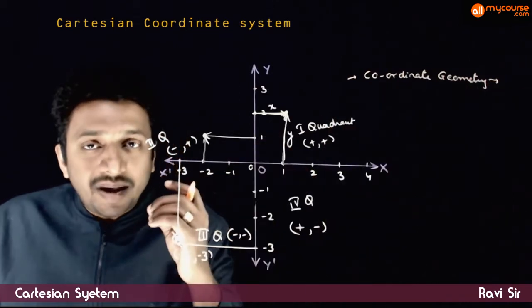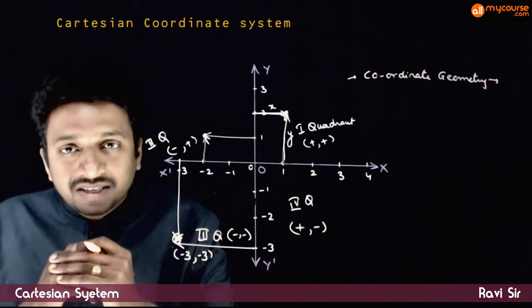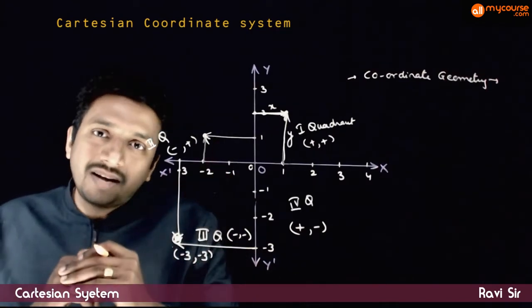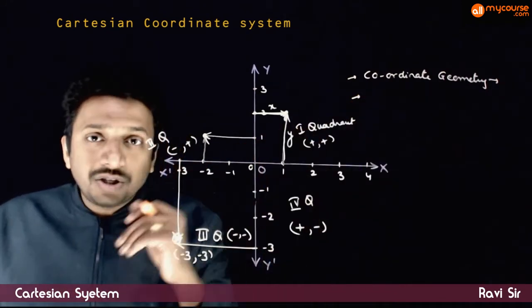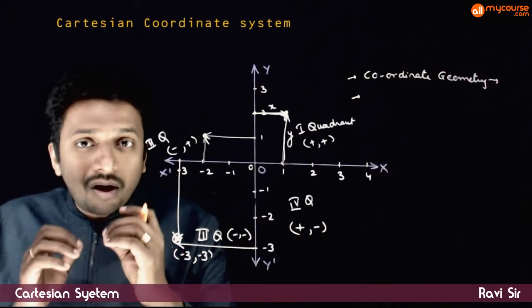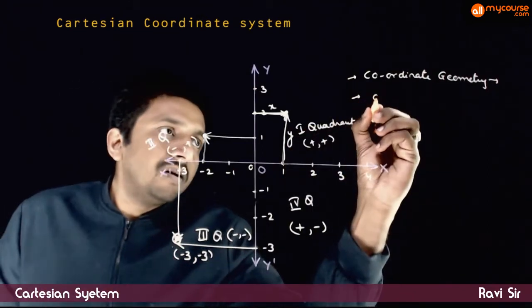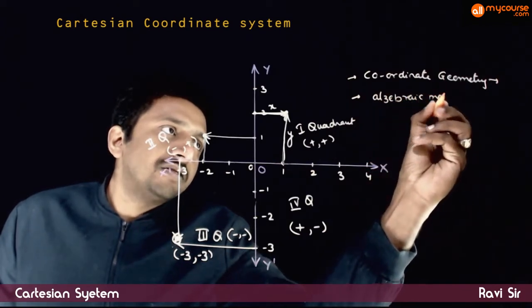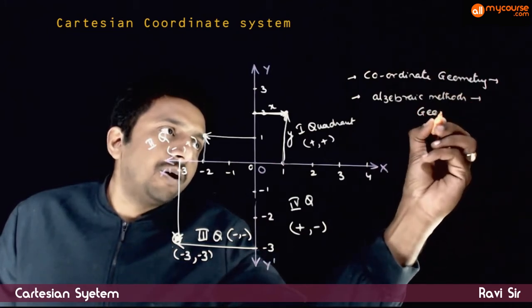This is a branch of mathematics where different curves are studied by representing the points on them with Cartesian coordinates. So in coordinate geometry, we employ algebraic methods to solve geometric problems.